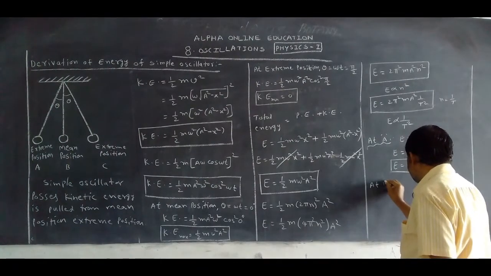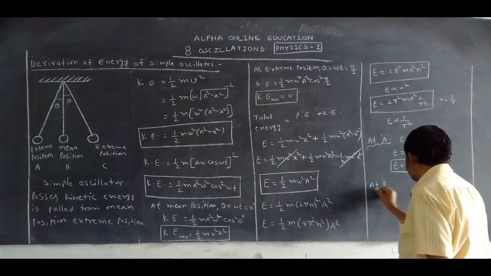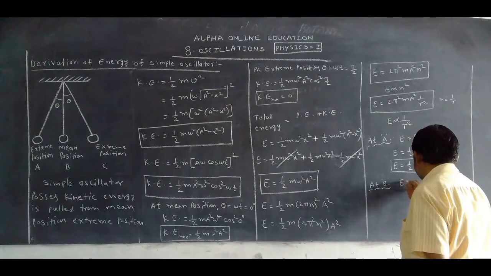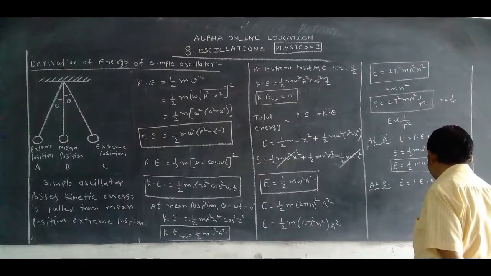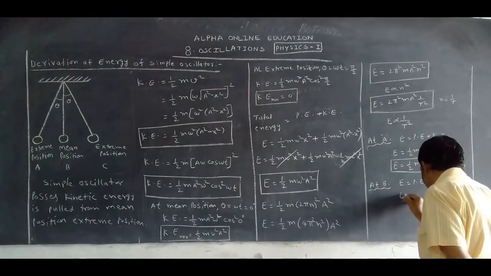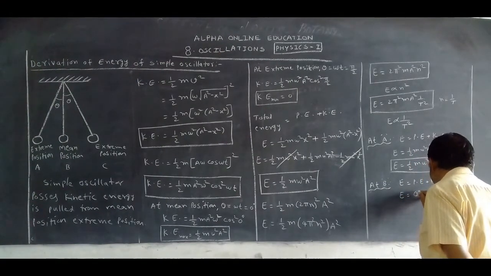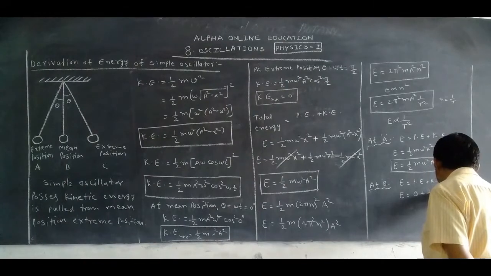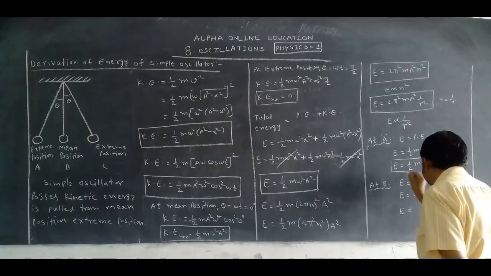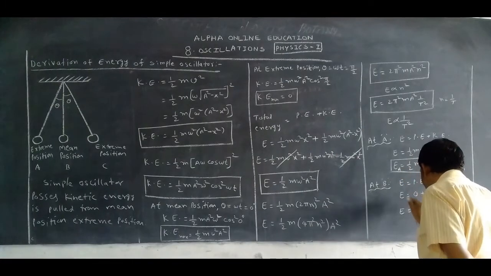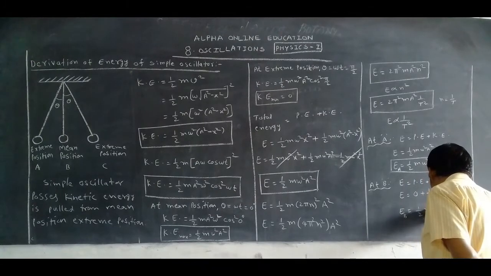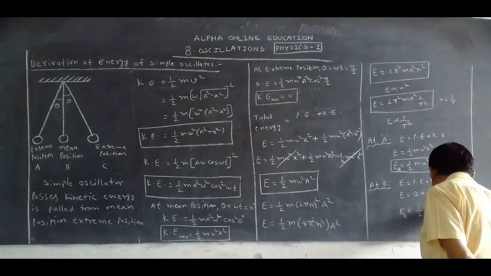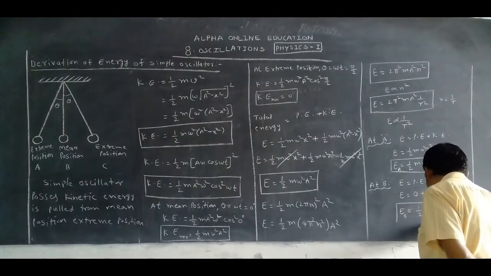At B, what happened? E is equal to potential energy plus kinetic energy. So what can we get? E is equal to 0 plus half m omega square a square. So at B, how much? Half m omega square a square.